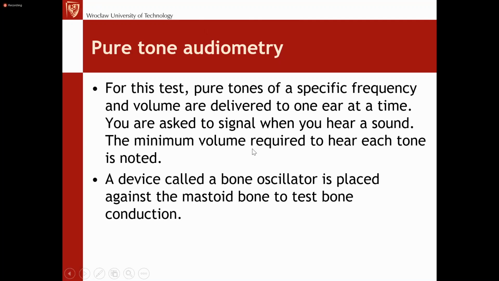Of course, the frequency and sound level at which you can perceive this sound are noted, and we can make pure tone audiometry with the use of air conduction as well as bone conduction.